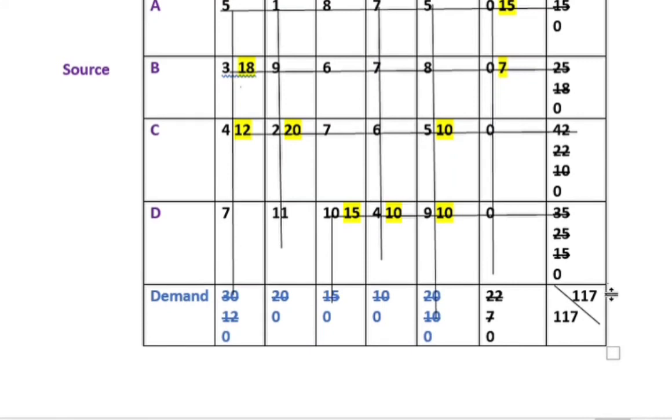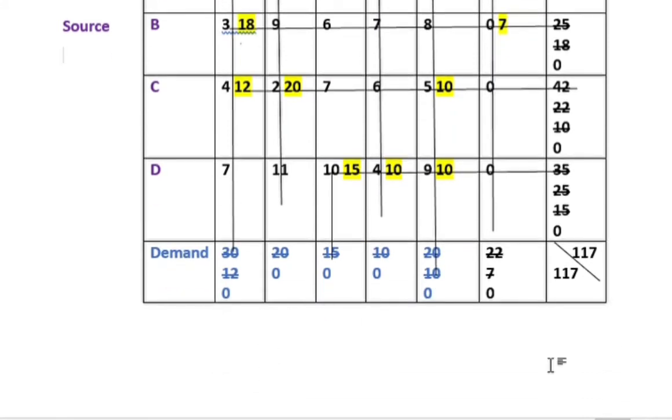Now we can calculate the total transportation cost required to transport sources from A, B, C, D to 1, 2, 3, 5 and dummy.